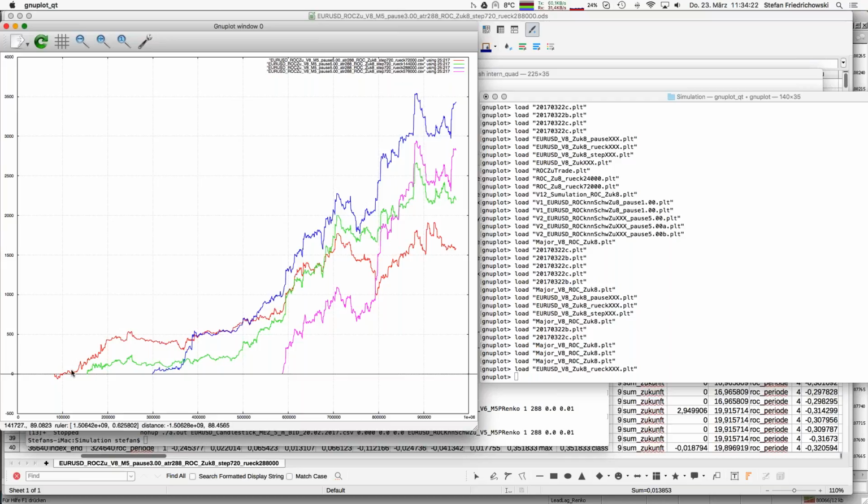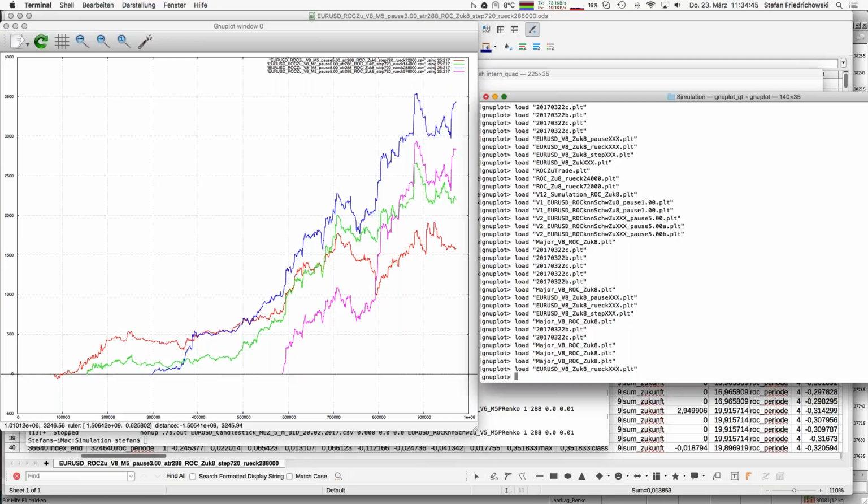But you see, if I use back mirrors which are extremely long, my equity starts later, because I cannot apply the same in the real history here. But you see, in general, there's no big relationship. So it doesn't really depend on the length of back mirror. Very good. That's nice, because it's not a real parameter.